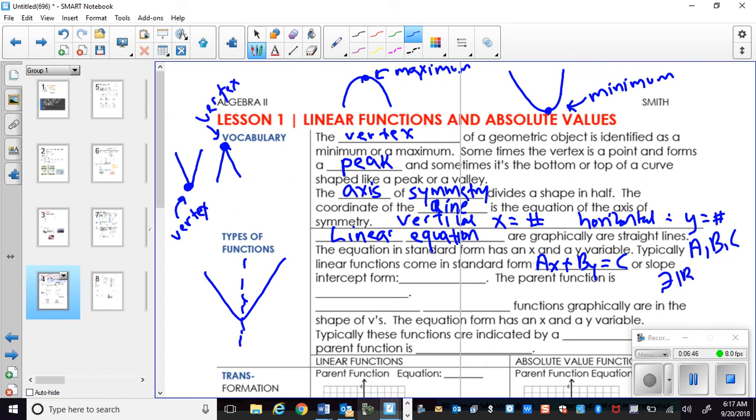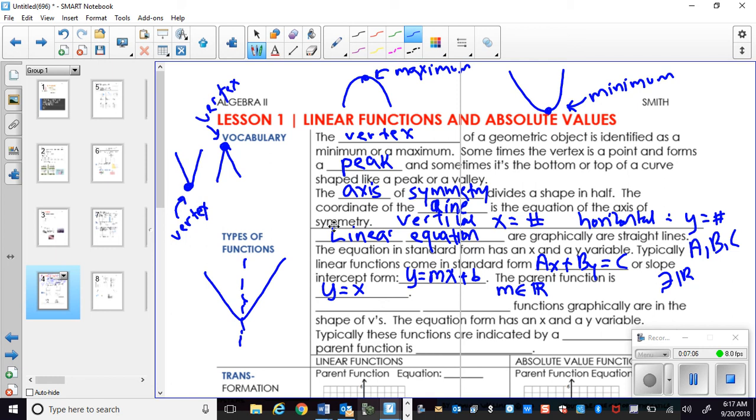That means they're just numbers. It might also come in slope-intercept form, where we have y equals mx plus b, and m belongs to all real numbers. The parent function of a linear equation is always y equals x.